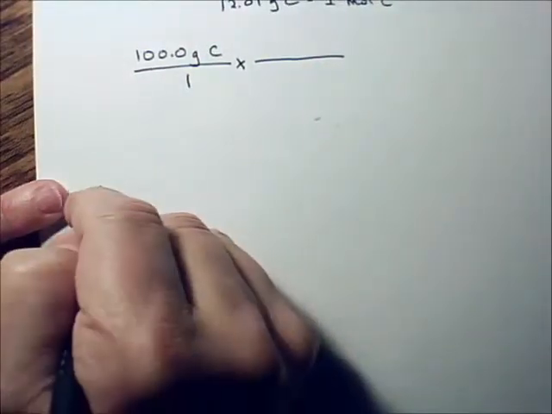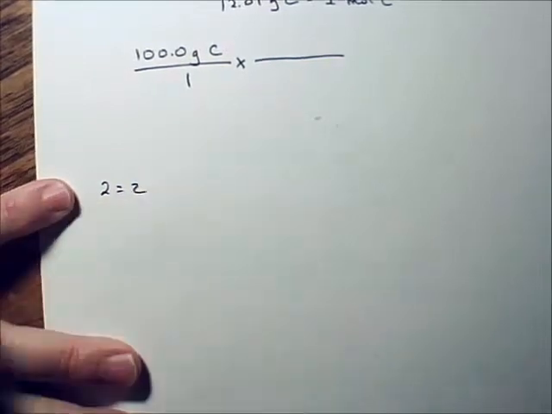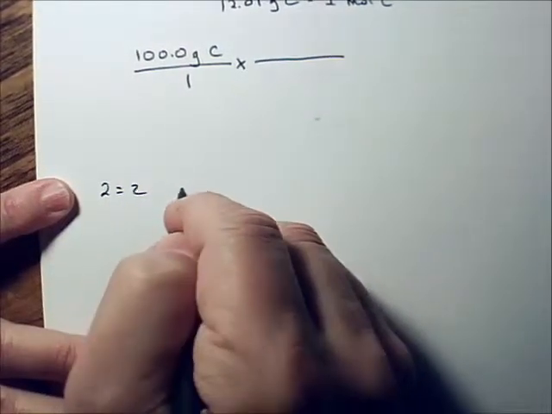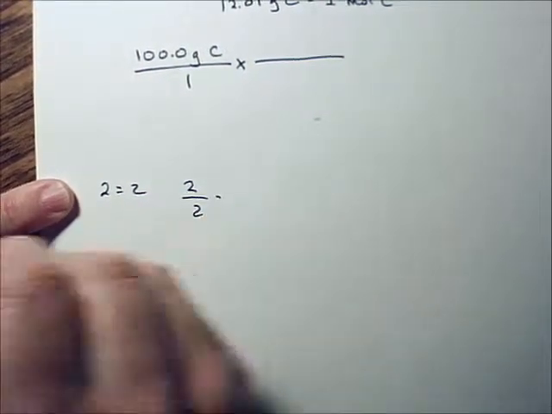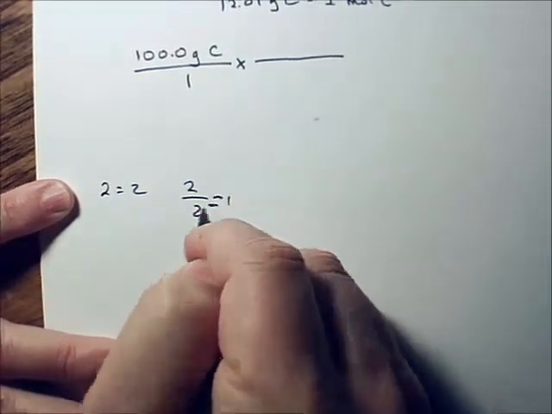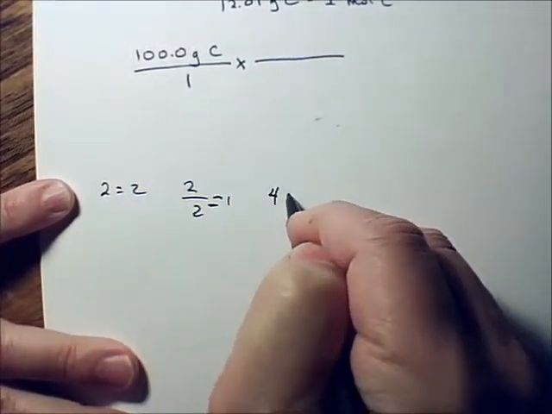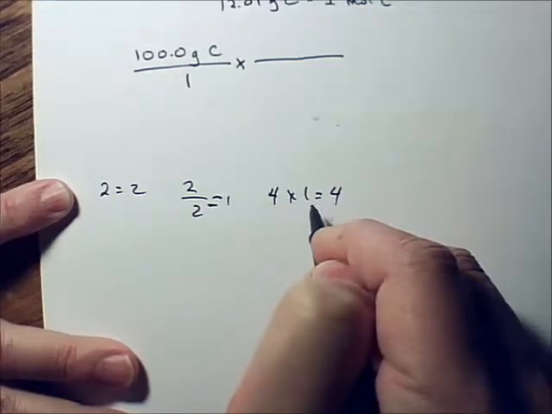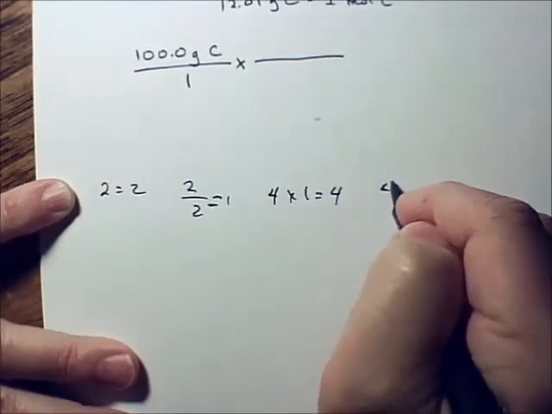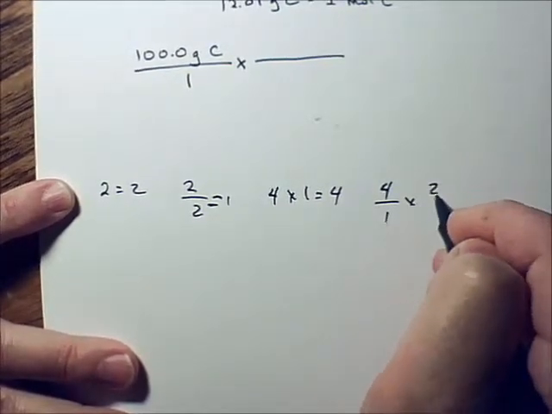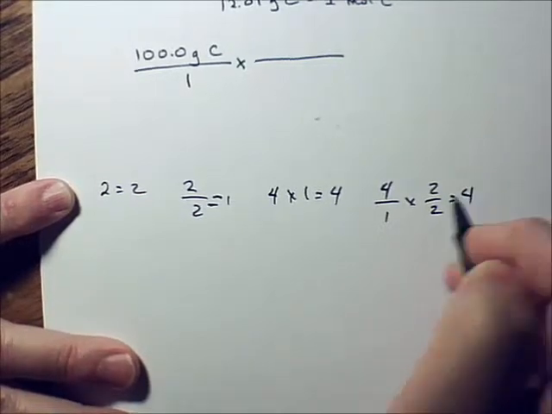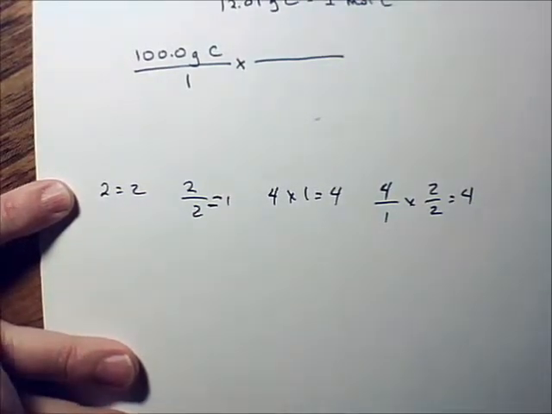Okay? If I know that 2 equals 2, correct? And I know then that if I put 2 over 2, that equals 1. So if I multiply 4 times 1, I get 4. And so too, if I multiply 4 times 2 over 2, I also get 4 because 2 over 2 equals 1. Right?